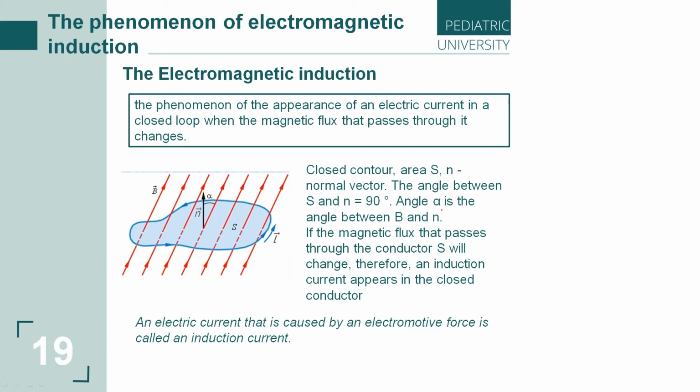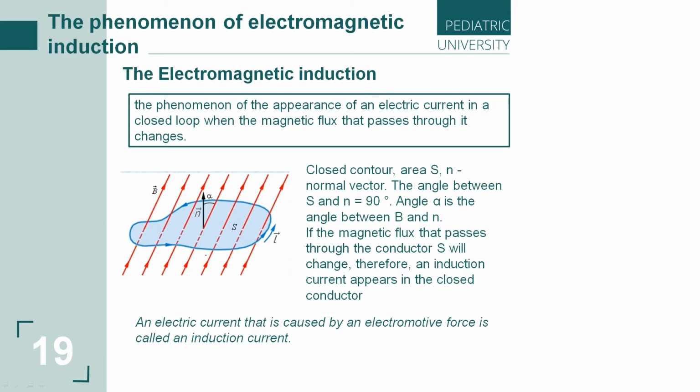So, let's consider the situation. Imagine that we have a magnetic field, which means there is a magnetic flux that passes through a conductor, the cross-sectional area of which we will designate as S. Let's look at the picture.